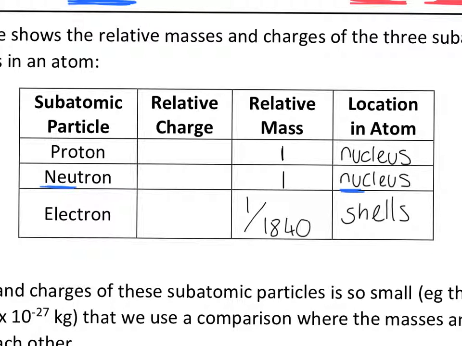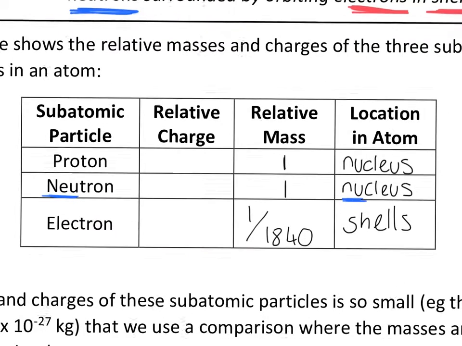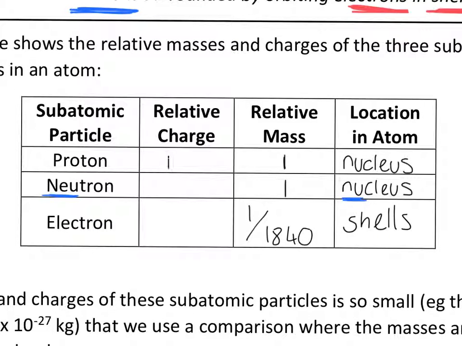So we know that a proton carries a positive charge, and we just use it for comparison's sake. We say that a proton has a relative charge of +1.